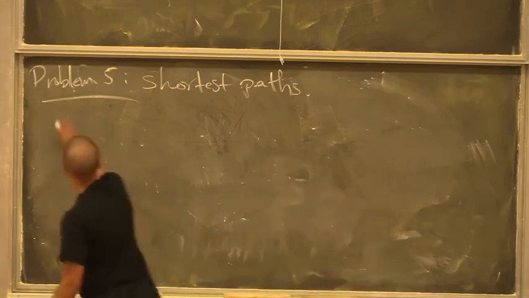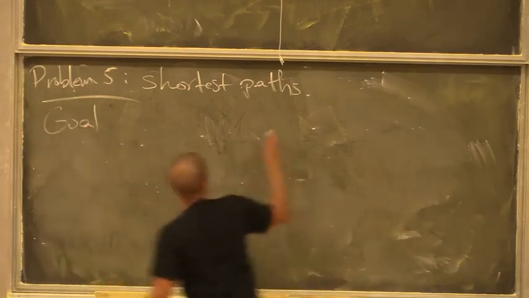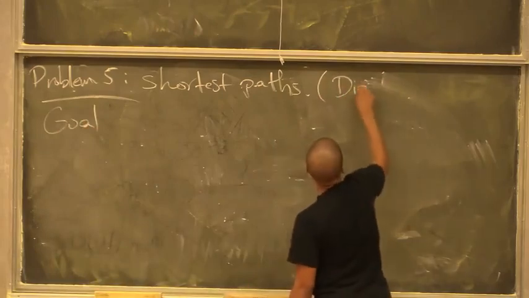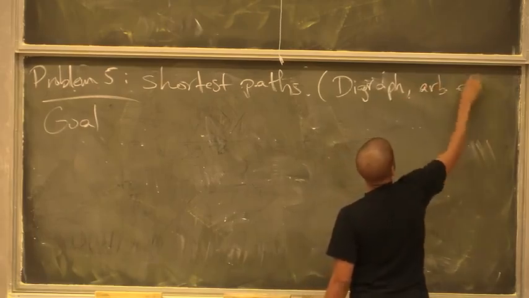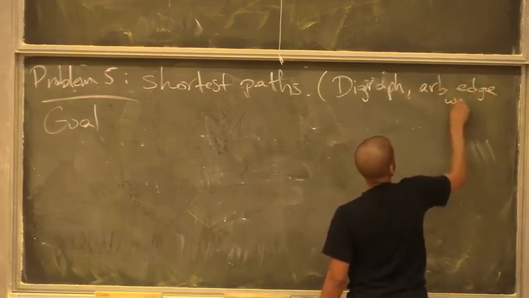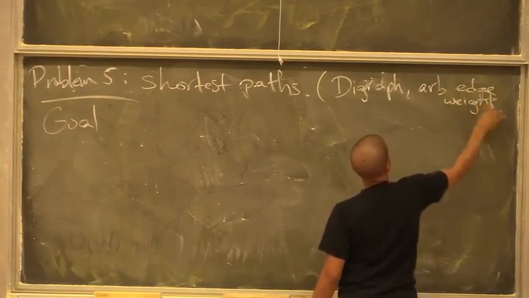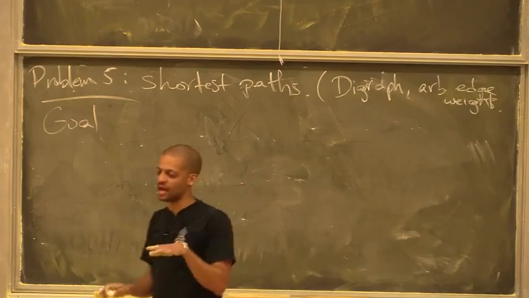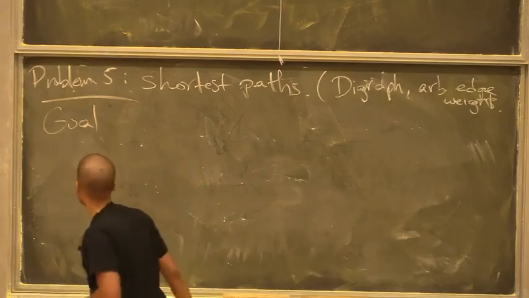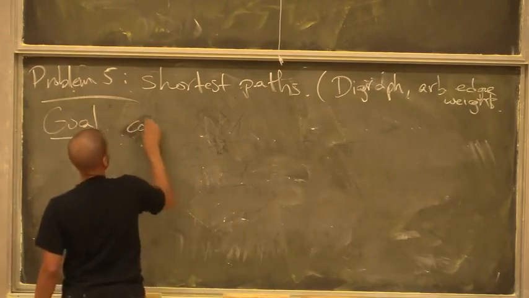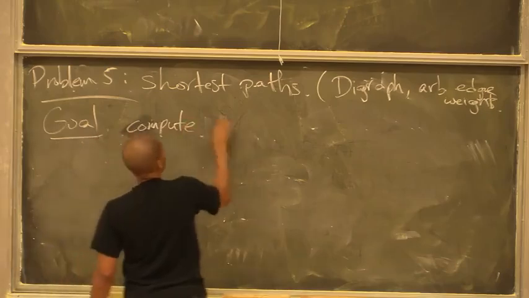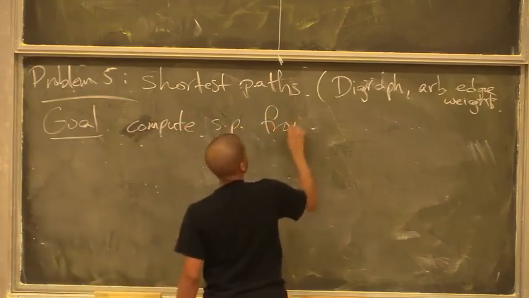The goal here, let's say it's a directed graph, and I could have arbitrary edge weights, positive or negative. And let me assume that I promise you that the graph does not have negative cycles. So the goal is to compute the shortest path from S to T.